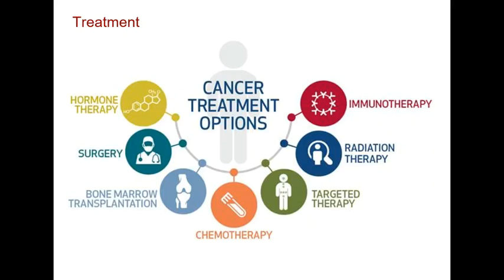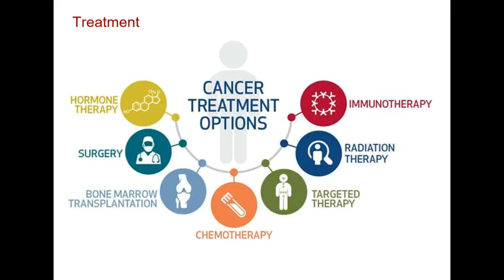Targeted therapy, in this we use certain therapies that target the cancer cells, and they are what we call local therapies at times, meaning the drug or the treatment is delivered only at the site where cancer cells are there. Then there is chemotherapy, the most common, whereby we give certain drugs for treatment.